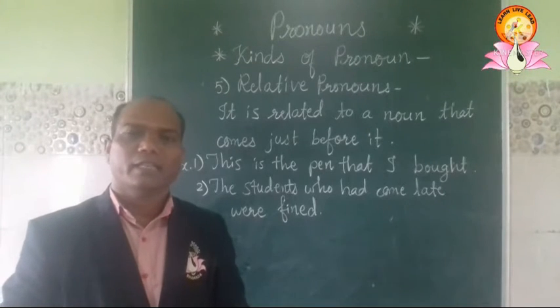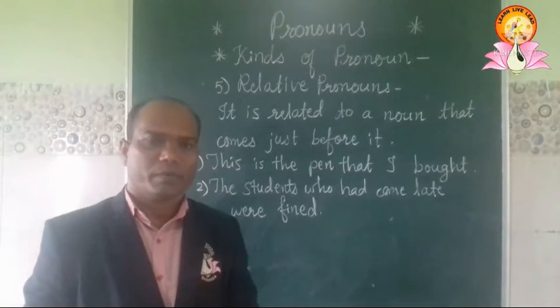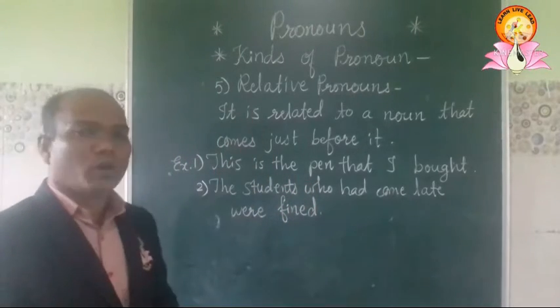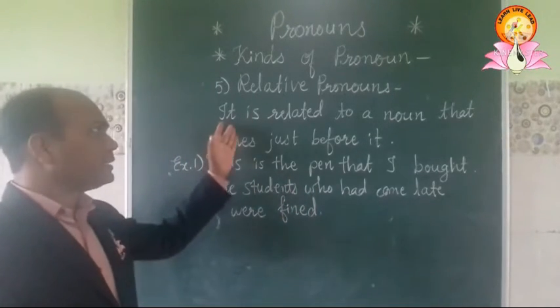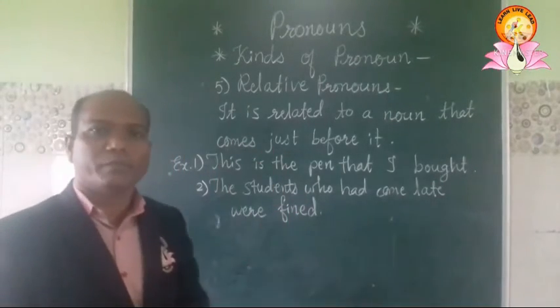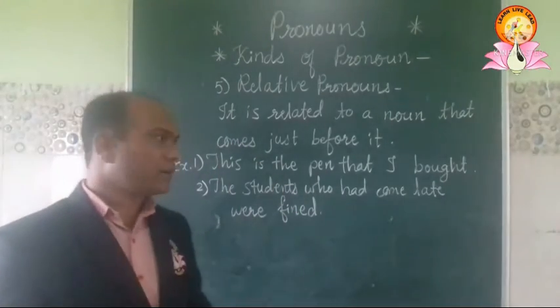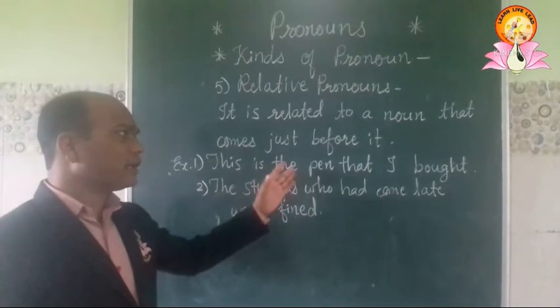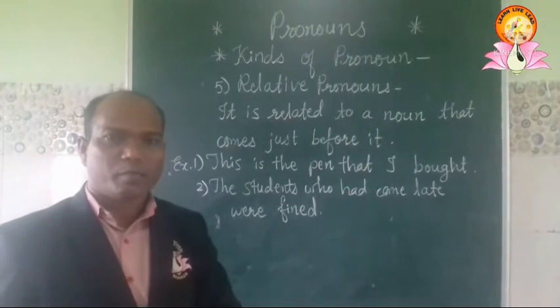Now dear friends, let us go on to the next kind of pronoun, that is relative pronoun. It is related to a noun that comes just before it. For example, this is the pen that I bought.